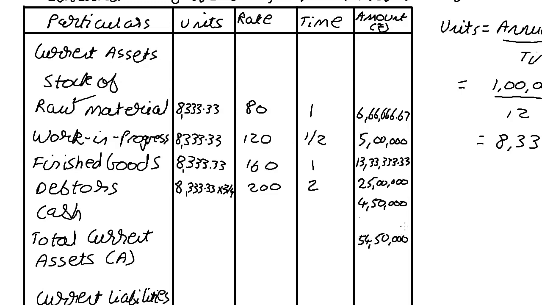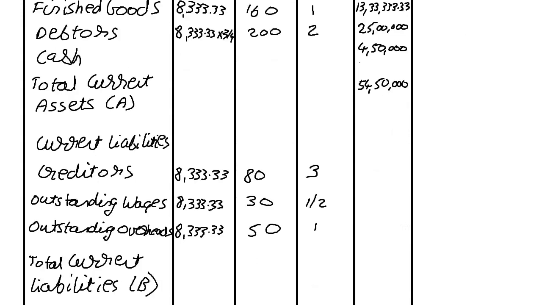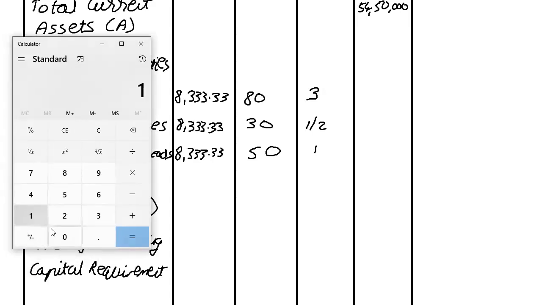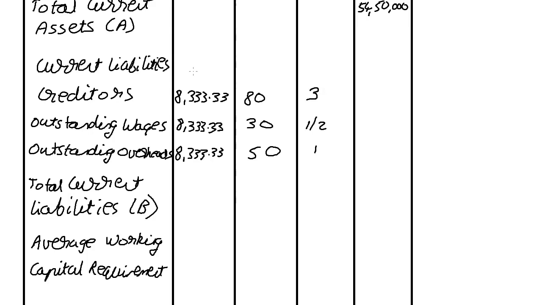Now, going forward, we have current liabilities. Okay, and we can take 1 lakh upon 12 again. 1 lakh upon 12. Okay, into 80 into 3. Okay, which gives us 20 lakhs.